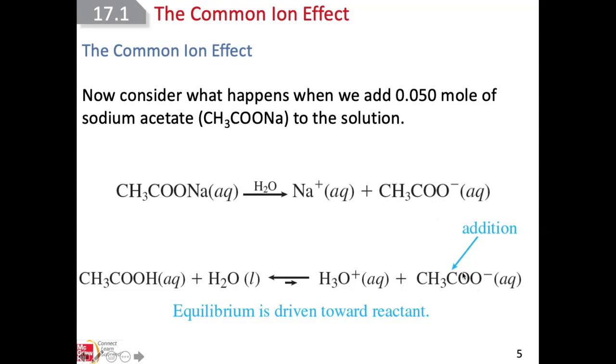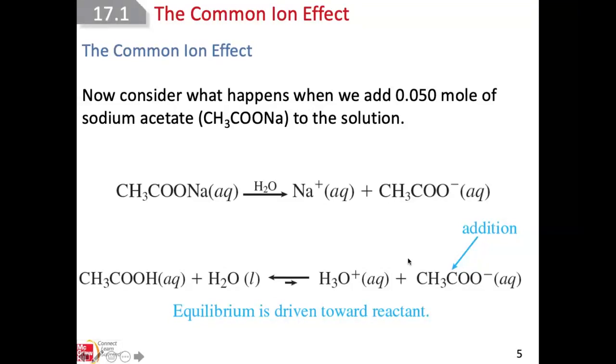And you have to understand, it's like a Le Chatelier principle. At equilibrium, what happens? The equilibrium will be disturbed. Now we have more CH3COO minus, so the concentration of that will increase. Equilibrium is disturbed. In order to reach the equilibrium, the reaction will have to shift in reverse, and the equilibrium will be moving toward the reactants.